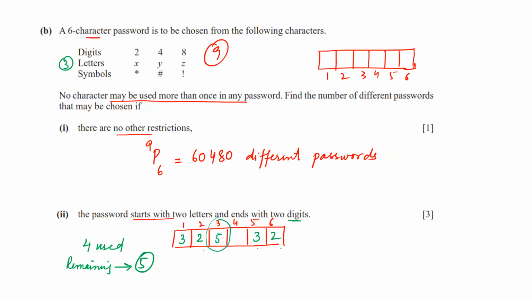For this letter, there are 5 different possibilities, and once we have chosen this letter, we are left with only 4, so 4 will be the possibilities. The easiest way is to multiply all these: 3 into 2 into 5 into 4 into 3 into 2. What you end up with is 720, and that will be the number of different passwords you can get if you add these restrictions.